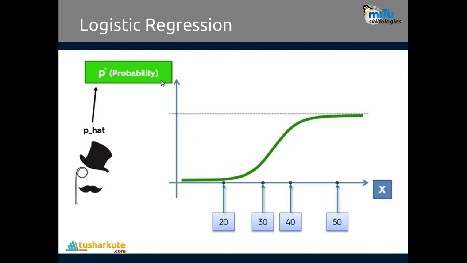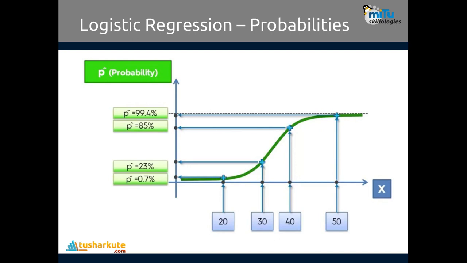Let's consider 4 ages I have taken here for prediction: 20, 30, 40 and 50. For these 4 ages I want to predict whether the person will take the offer, that is 1, or will not take the offer, that is 0. So I'll project these particular values on the curve.